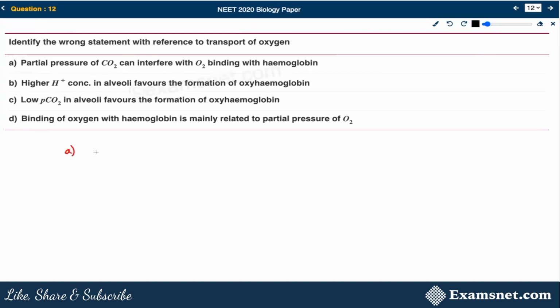So the first statement is partial pressure of CO2. Does it interfere with the oxygen binding of hemoglobin? Yes.